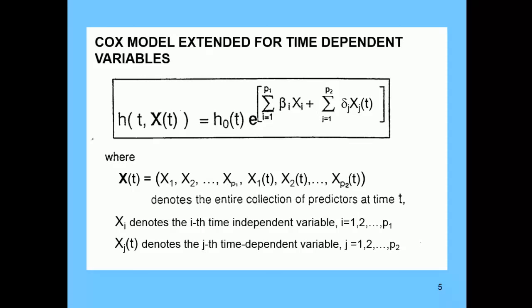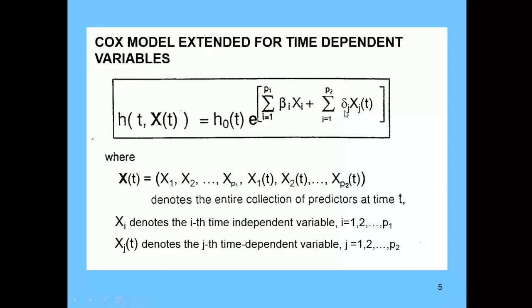Now, one of the things important to say about this is, these are time-independent variables. These are time-dependent variables. Notice one other thing: there's this time-dependent variable x sub j. It's the jth time-dependent variable of the time-dependent variables in the model. But you notice there's a coefficient, delta sub j. Delta sub j is the coefficient of x sub j of t. What you don't see, the way this is written, is delta sub j times t.